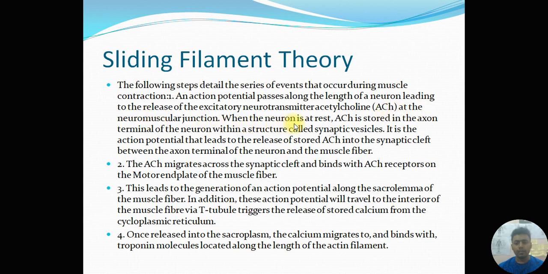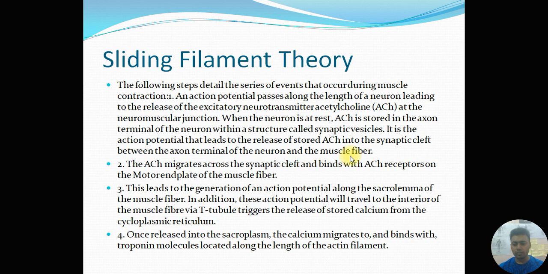When the neuron is at rest, ACH is stored at the axon terminal of the neuron within structures called synaptic vesicles. It is the action potential that leads to the release of stored ACH into the synaptic cleft between the axon terminal of the neuron and the muscle fiber.